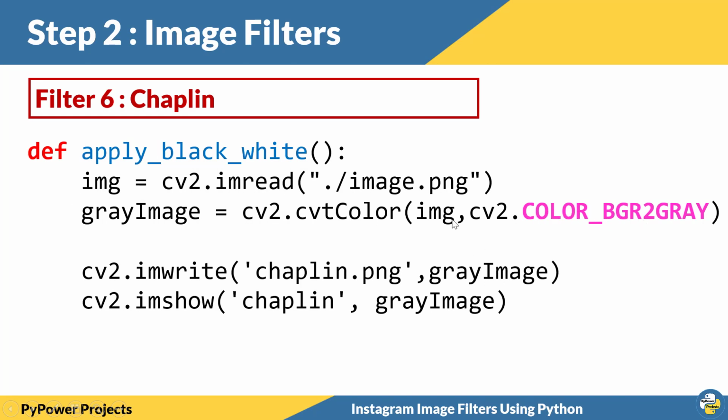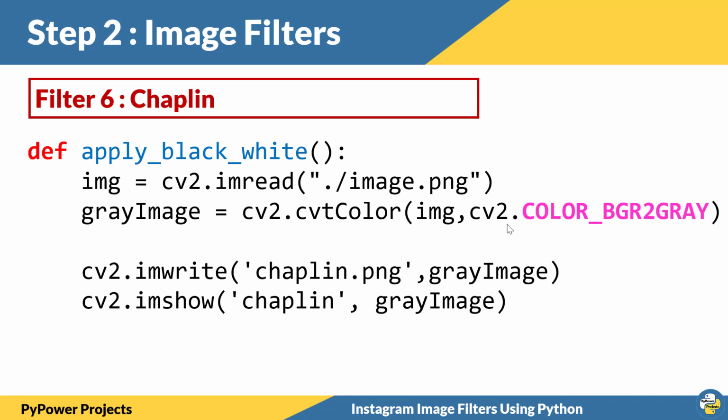Simply cv2.cvtColor, and you have to pass here cv2.COLOR_BGR2GRAY. It will convert your color BGR image to gray format, that is a grayscale image. This functionality of cv2 will convert your image to grayscale, and your grayscale image is nothing but the Chaplin filter of Instagram.